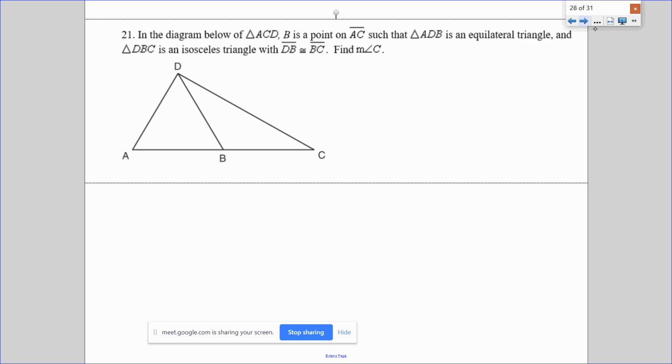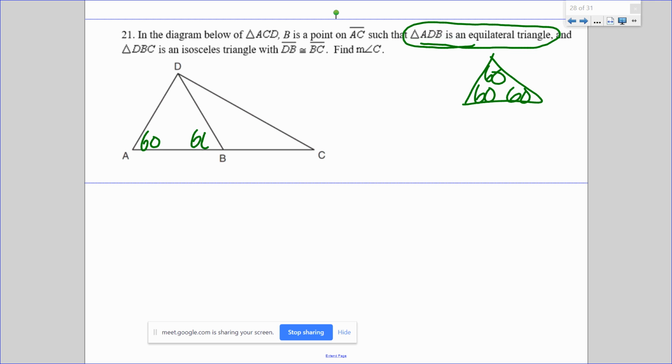21. In the diagram below of triangle ACD, triangle ADB is an equilateral triangle. You need to know when you see equilateral triangle, 60, 60, 60. No work to do.